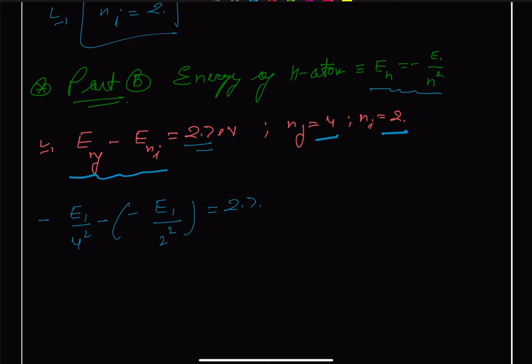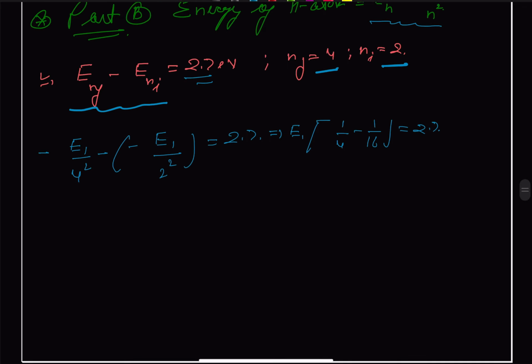We can take E1 as common, and this gives us 1 upon 4 minus 1 upon 16 is equal to 2.7. Therefore, our E1 will be equal to 2.7 into 16 upon (4 minus 1), that is 3. So therefore our E1 will be equal to 14.4 electron volt.